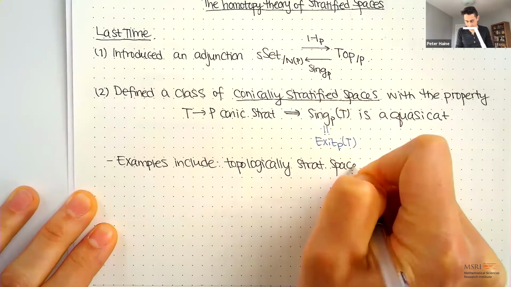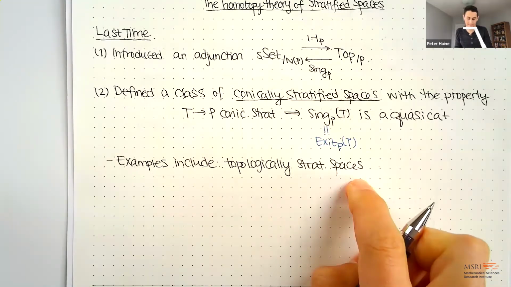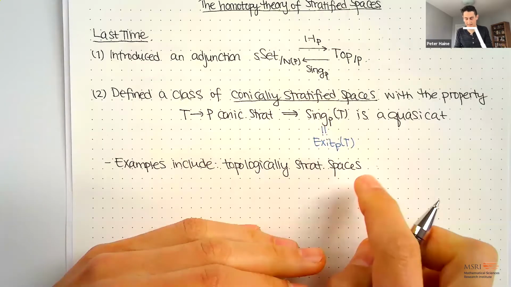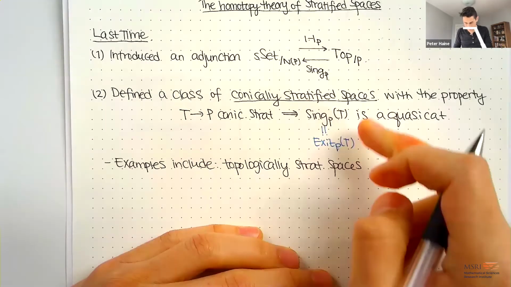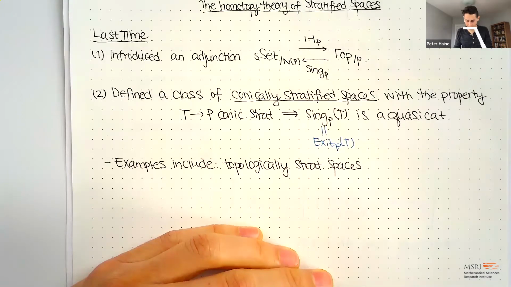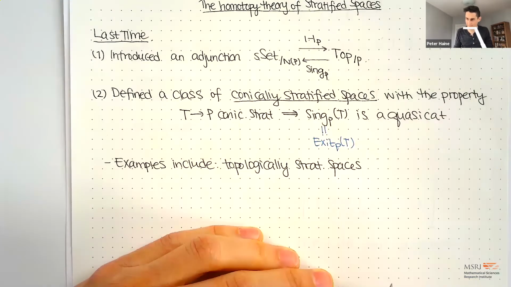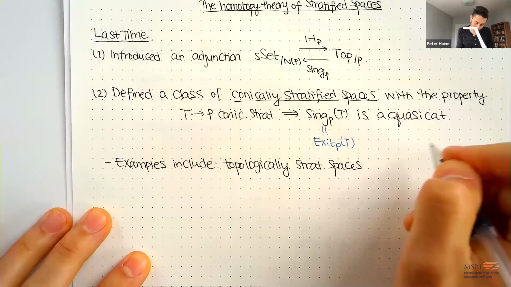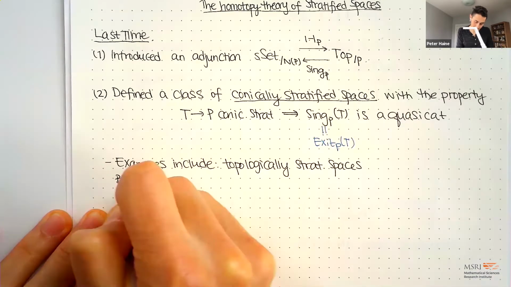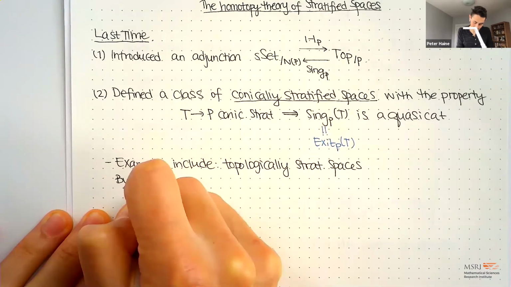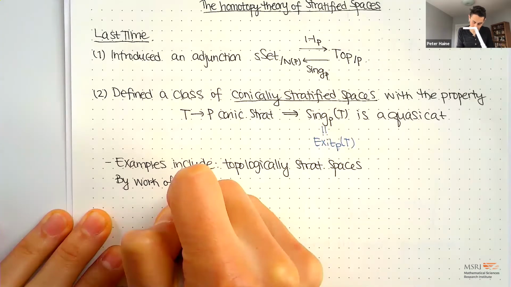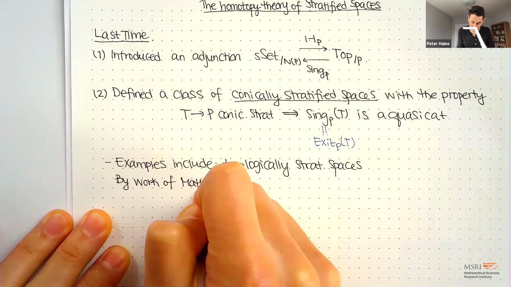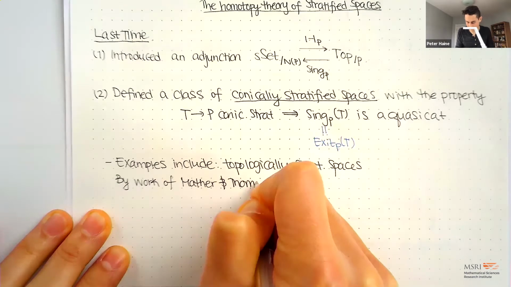These are something considered by Goresky and MacPherson, which is really just a specific class of conically stratified spaces stratified over brackets n, and you require some things to look like Euclidean spaces in the conical condition. But importantly, a particular example of this is, by work of Mather and Thom, these things called Whitney stratified spaces.